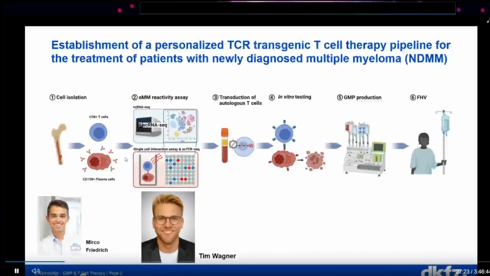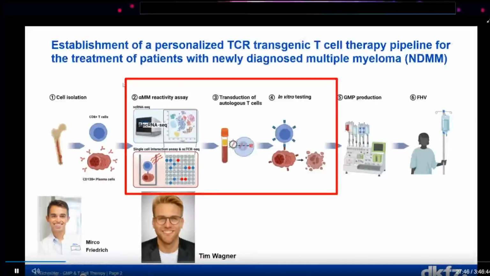The idea was to find reactive, tumor-specific T cells, test and validate their T cell receptor, and in the long run, go with these T cell receptors for an autologous product to treat the patient. We are not yet at that point, but today I will talk about these steps.